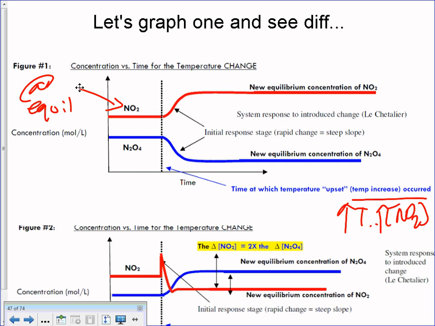And we're shifting away from the dinitrogen tetroxide. Eventually, the equilibrium does reestablish. So tell me from here, is it nitrogen dioxide plus energy equilibrates to dinitrogen tetroxide, or is it this? Well, I'll go this way.